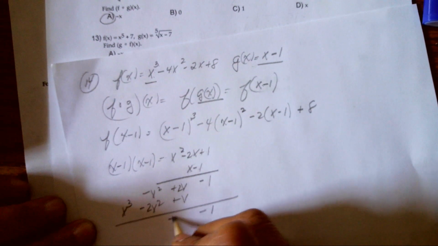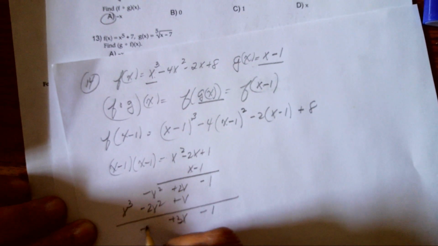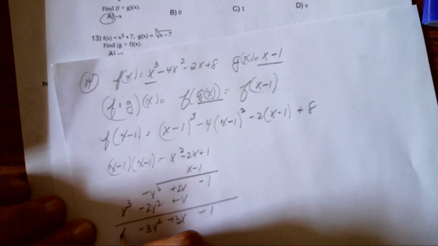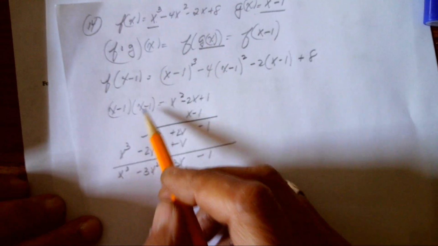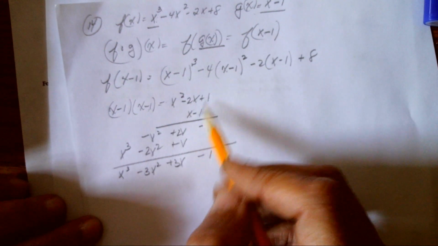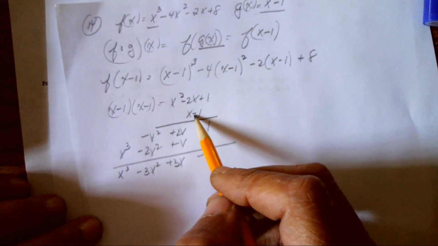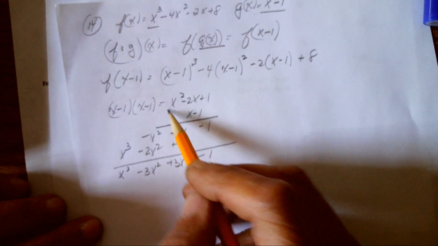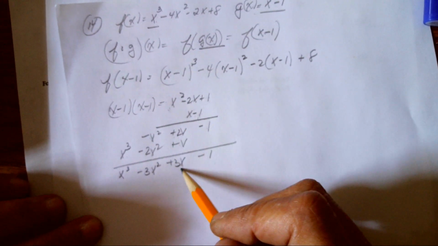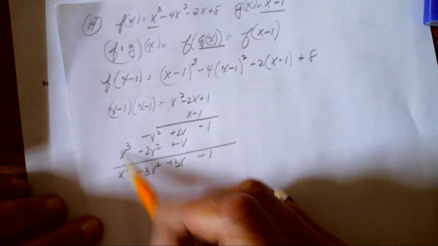Minus 1, this is a positive 3x. This is a minus 3x squared. And this is x cubed. Wow, let's make sure this is right. Minus, a positive, a minus, a positive, a minus, and a positive, plus 3x, minus 3x squared. Okay.